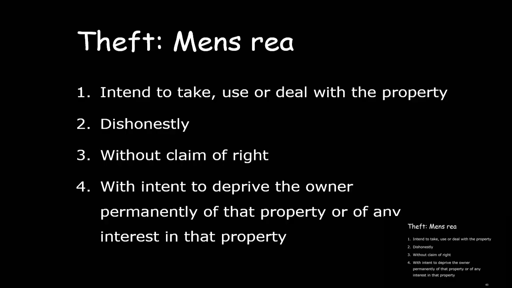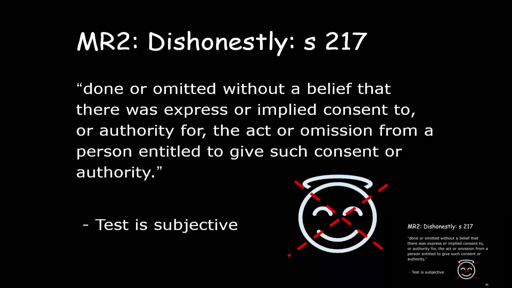So a quick recap. Dishonestly is where you do something without a belief that you have express or implied consent or authority to do that thing. And you'll remember, for those of you who were in the workshops, that consent or that authority is now a legal authority.